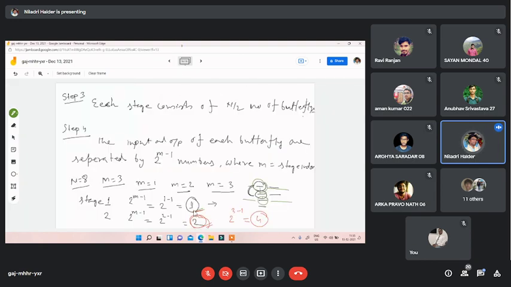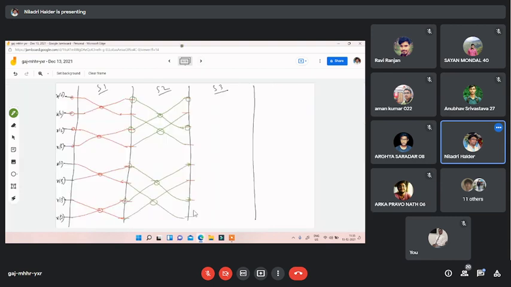For stage 3, the bit separation is 4. So for stage 3, this will be connected to 1, 2, 3, 4. This. So the respective output will be like that. So the bit separation is 4. 1, 2, 3, 4.